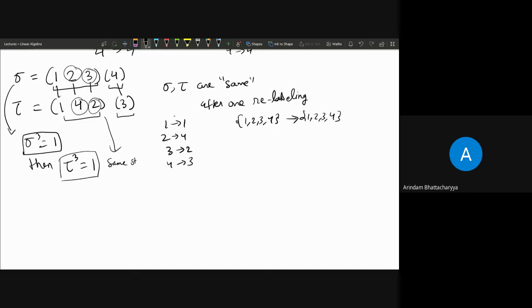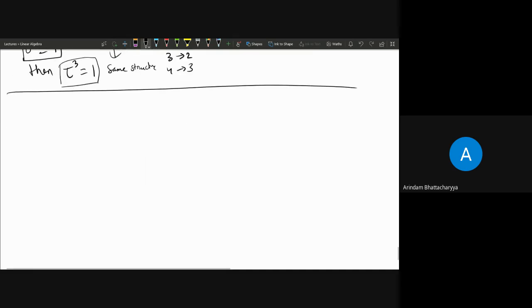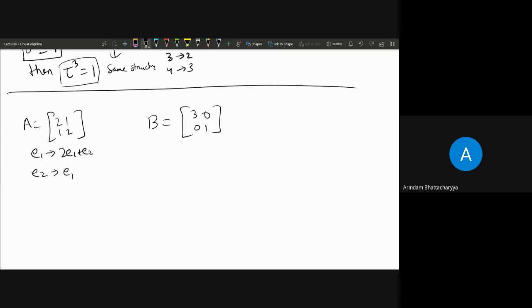So my point of doing all that was that I had the map A, 2112. Suppose I have the map B, 3001. This takes E1 to 2E1 plus E2, E2 to E1 plus 2E2, and this takes E1 to 3E1 and E2 to E2.